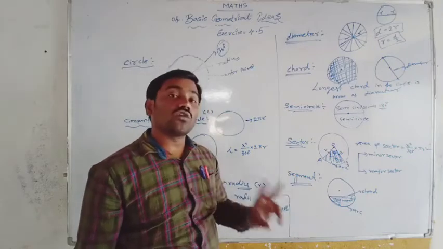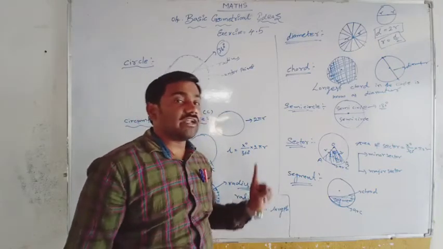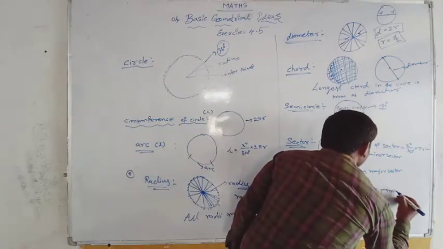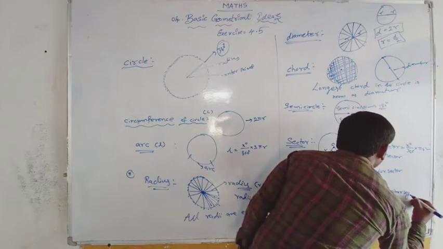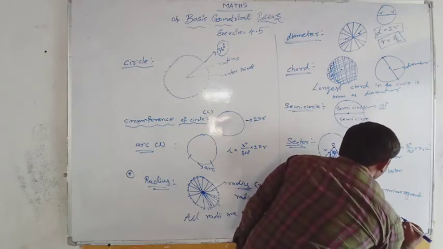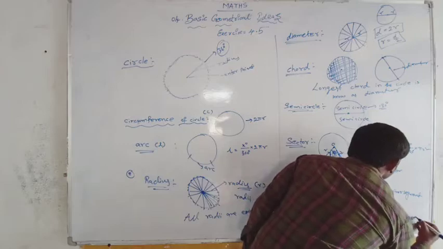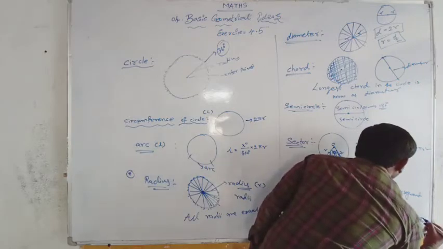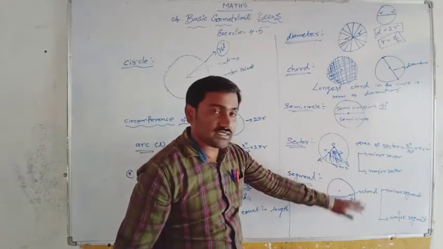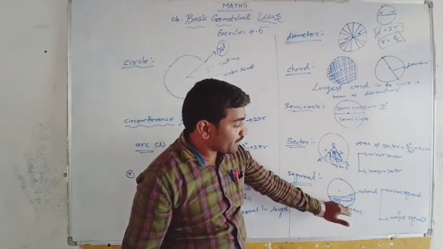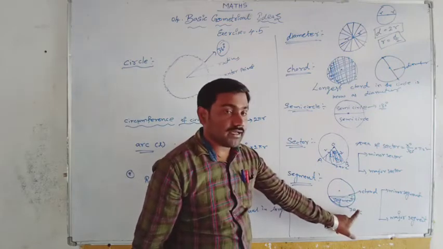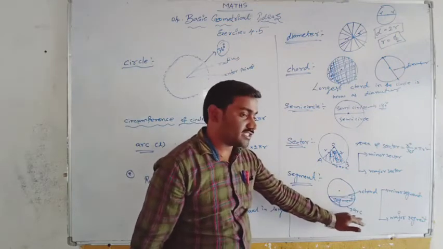Here also there are two kinds of segments: minor segment and major segment. The smaller place occupied in the circle by a chord and an arc is known as the minor segment.